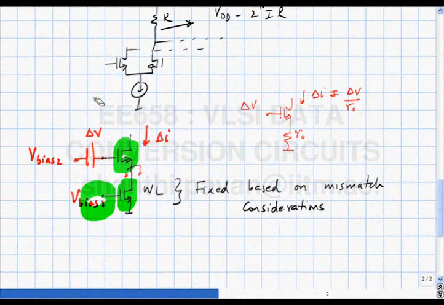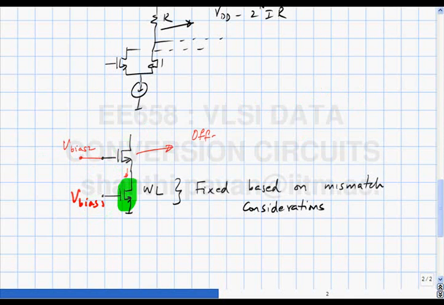So bottom line is that the offset in the cascode device doesn't matter, which basically means that you can make the transistor smaller and smaller and smaller. So offset in this device does not matter.